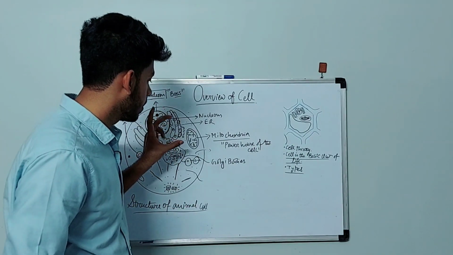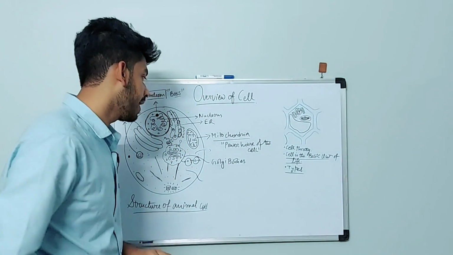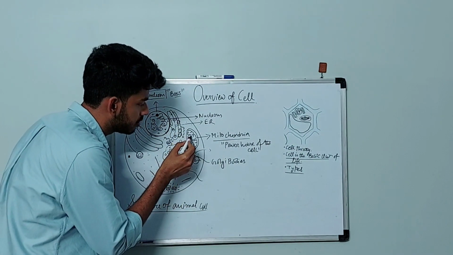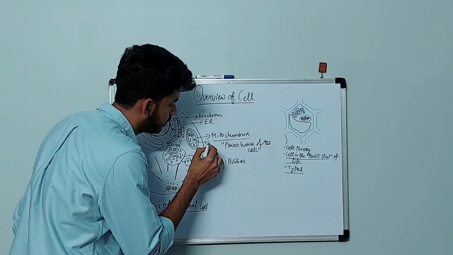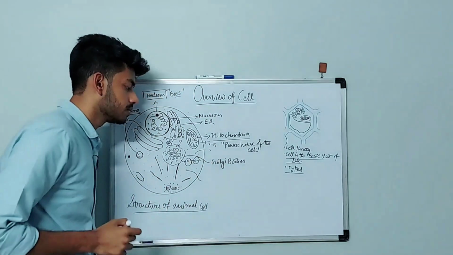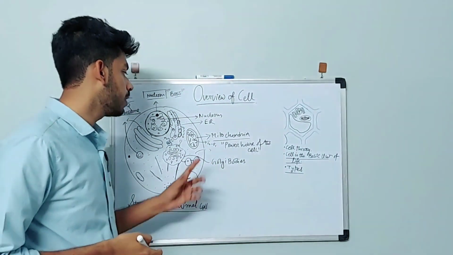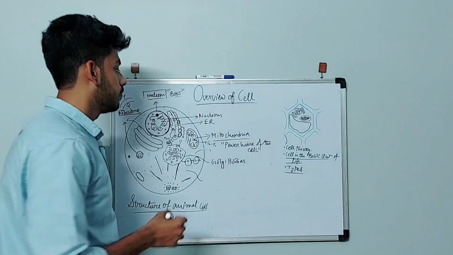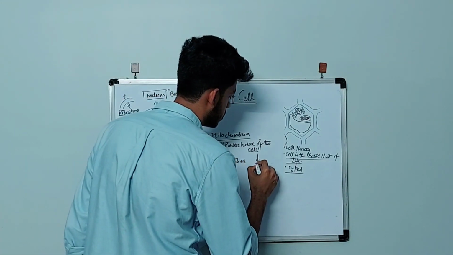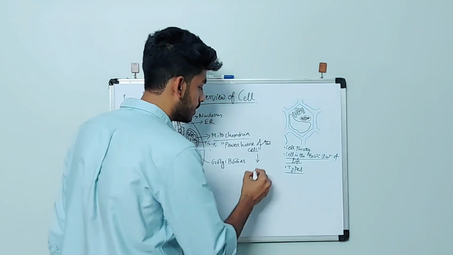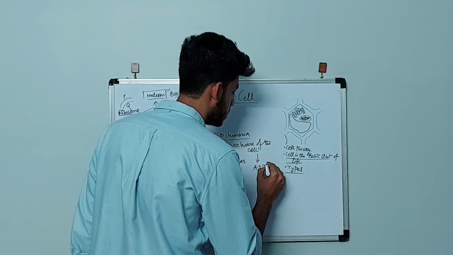The mitochondria has some of these particle-like structures, which we call F0 F1 particles. These F0 F1 particles form the energy currency of our body, that is ATP.